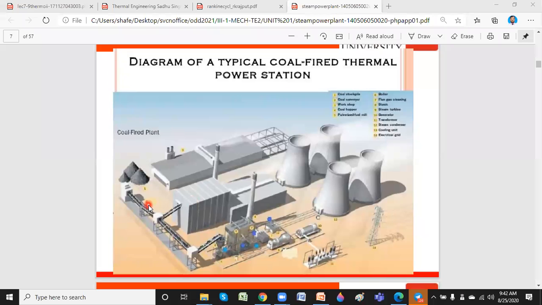The third one is your workshop. Maybe whatever is required for coal storage, etc., will be there. And then you have here this particular thing, which is nothing but your boiler house.